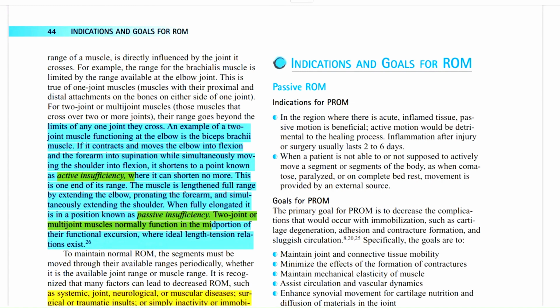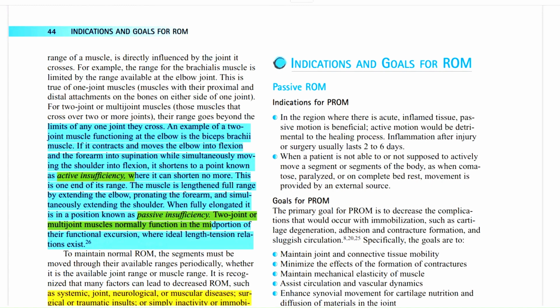These are the major factors that we have discussed here, and we have discussed before that stretching is something else and range of motion is something else. Stretching basically improves flexibility and mobility, but range of motion is basically maintaining the mobility. You can just stretch or elongate a muscle, but range of motion itself is just to perform the normal available range.